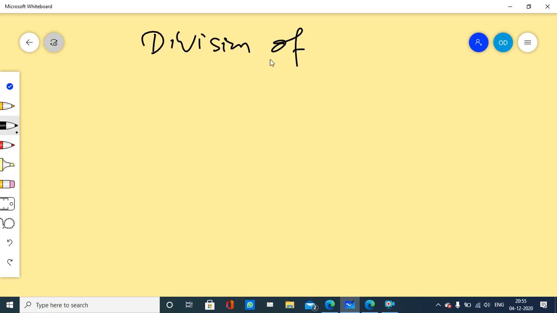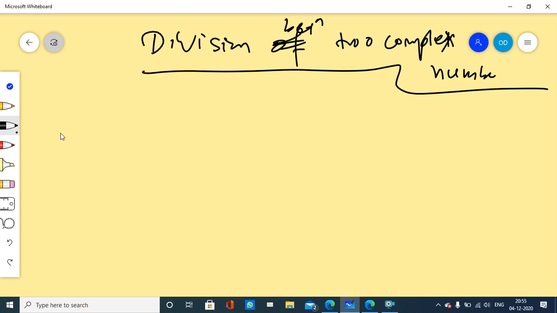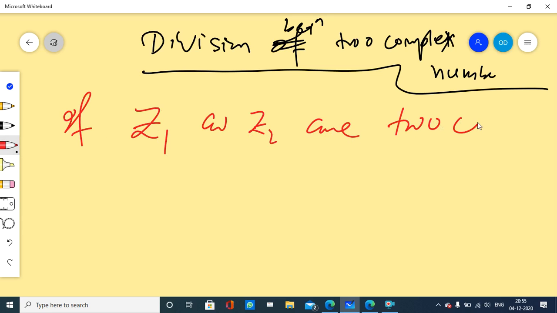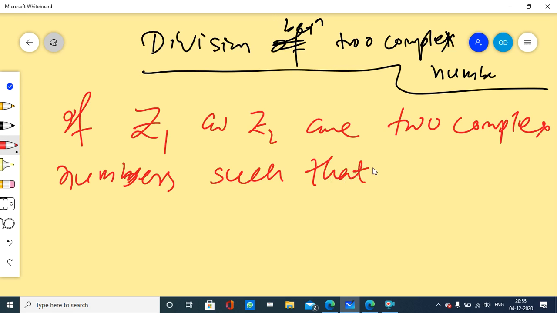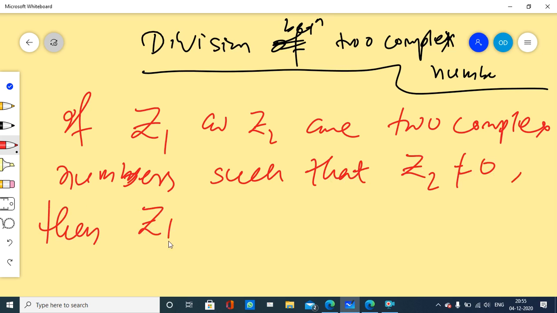Now let's quickly learn the division of two complex numbers. If Z1 and Z2 are two complex numbers such that Z2 is not equal to 0, then Z1 divided by Z2 is also another complex number.